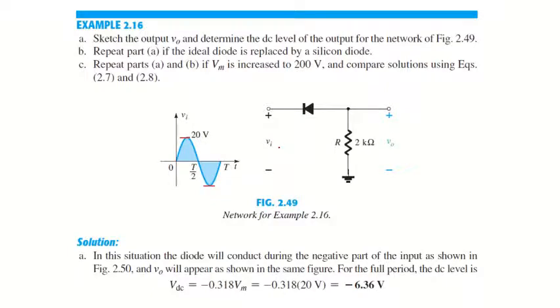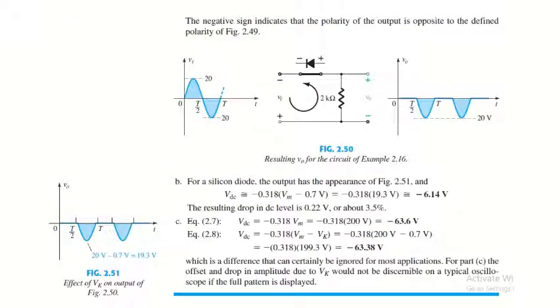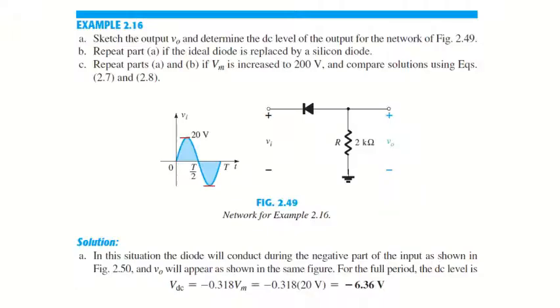So for the positive half cycle, let me see if there is a signal or not. Okay, for a positive half cycle, the diode will be in the off state, like it will be open here, and it will be disconnected from here.